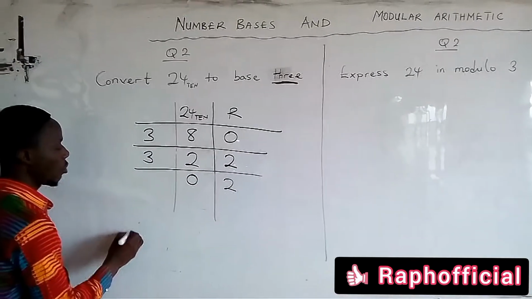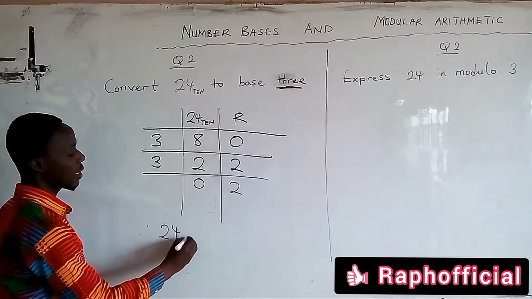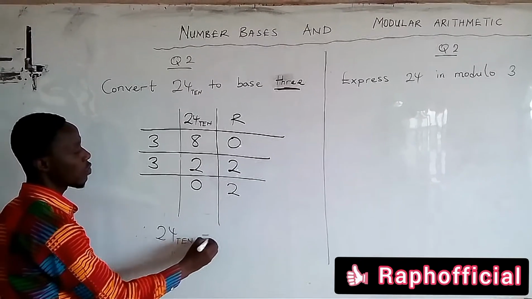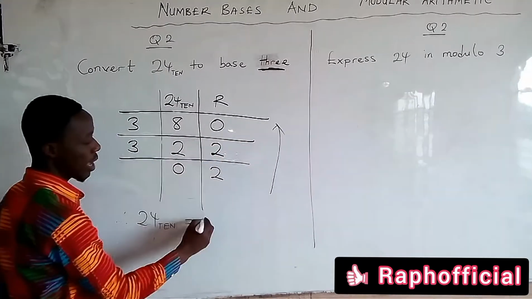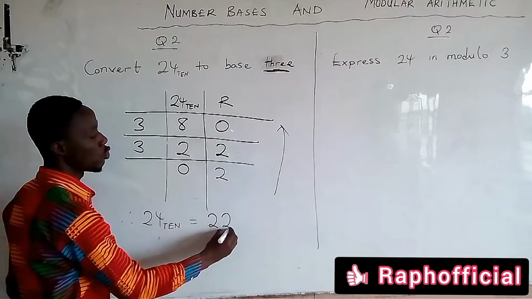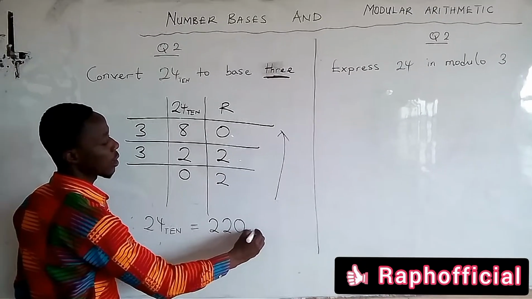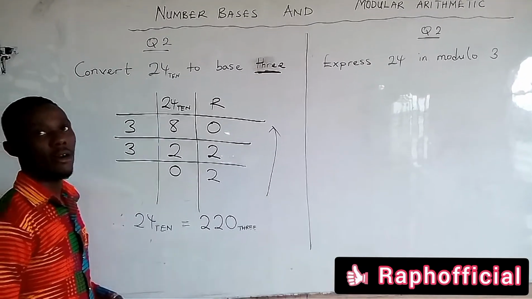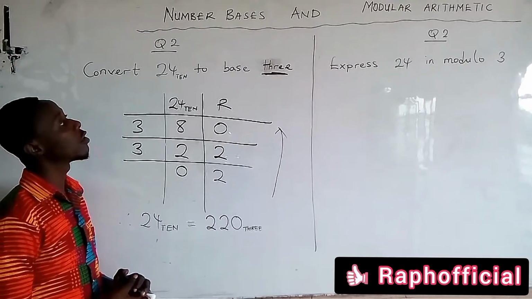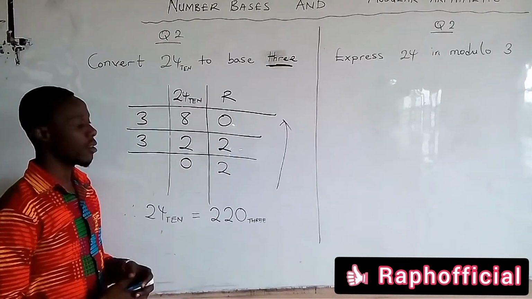Now, we can conclude that 24 base 10 is equal to, writing the number upwards, 220 base 3. So this is how we solve conversion of base 10 to a lesser base.